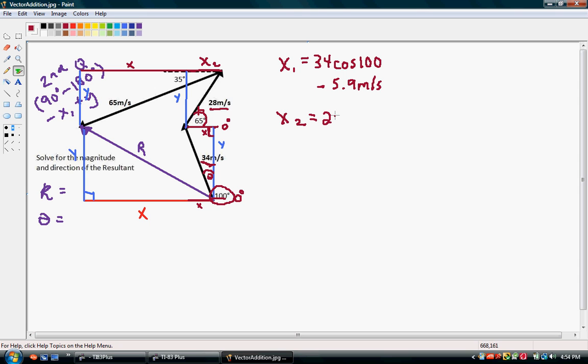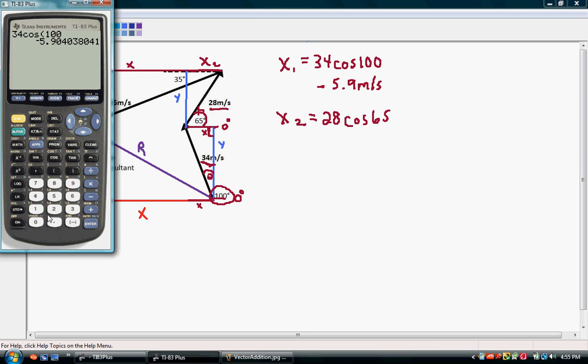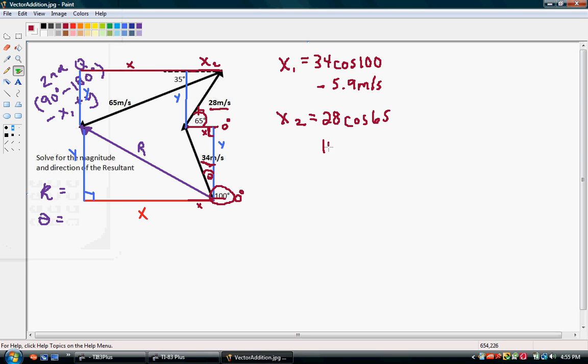So this will equal 28 cosine 65. So we plug this in and get 11.8 meters per second.